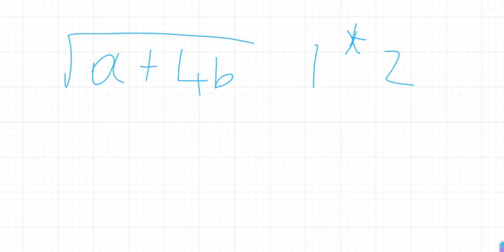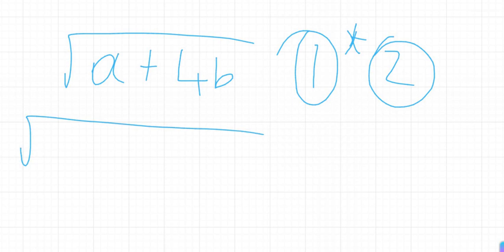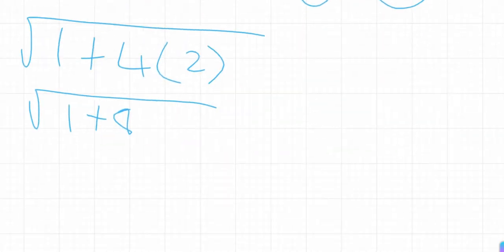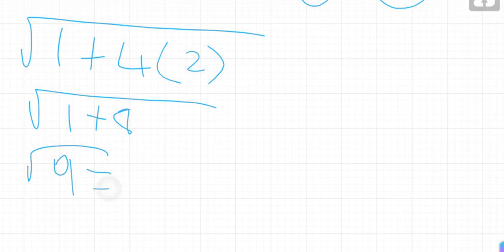So this is representing A, this is representing B. So all we will do is just substitute them. So we say 1 plus 4 times 2. If you simplify, 1 plus 8 is 9, and the square root of 9 is 3. So our answer will be 3.